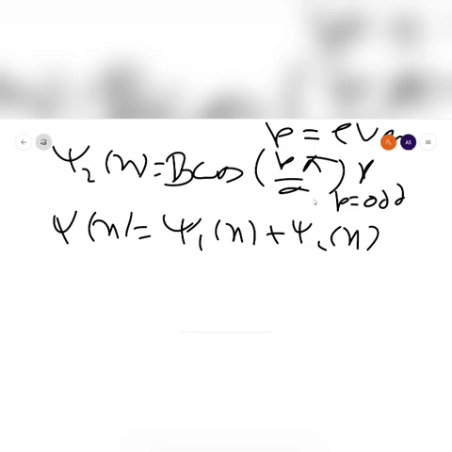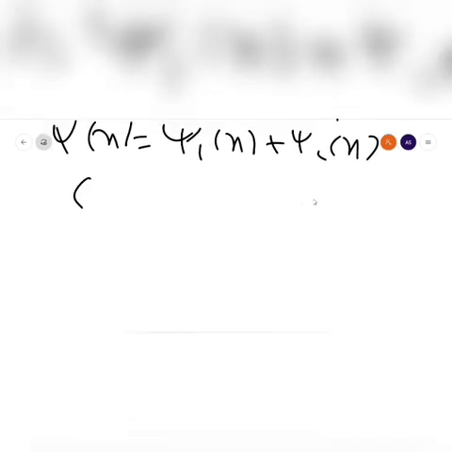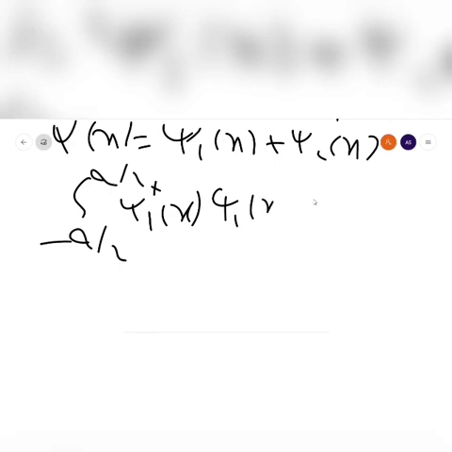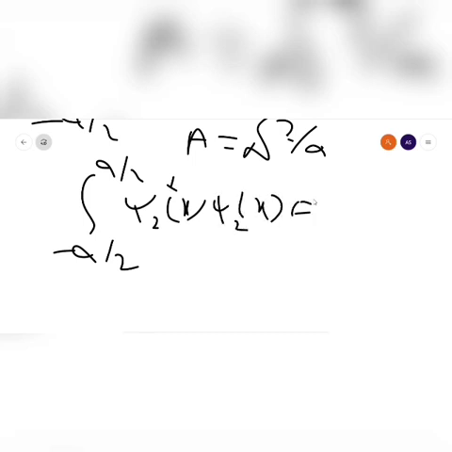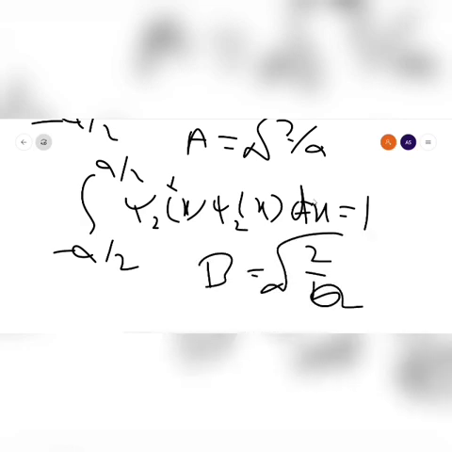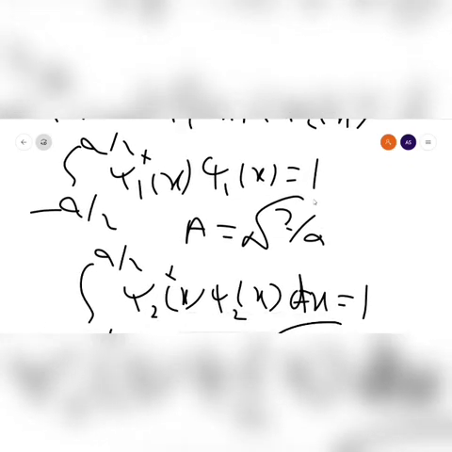Now when we use the normalization condition for psi1, the integral from minus a by 2 to a by 2 of psi1 star of x into psi1 of x dx is equal to 1, you will get the value of A is equal to under root 2 by a. Similarly for psi2, the integral from minus a by 2 to a by 2 of psi2 star psi2 dx is equal to 1, you will get the answer under root 2 by a.